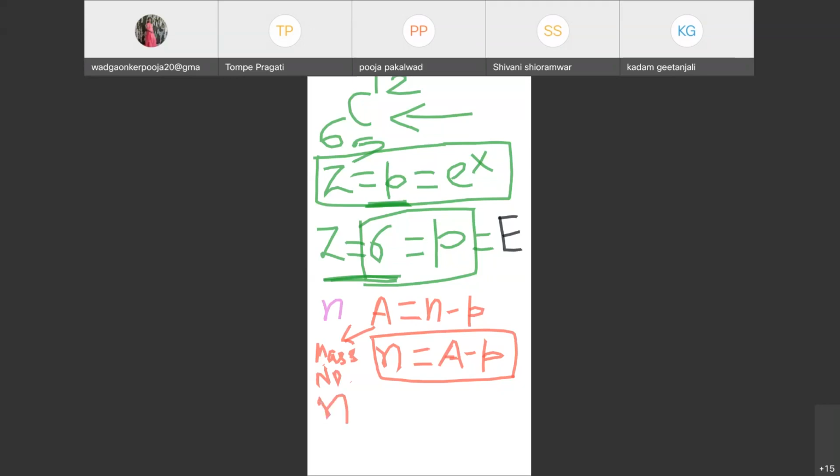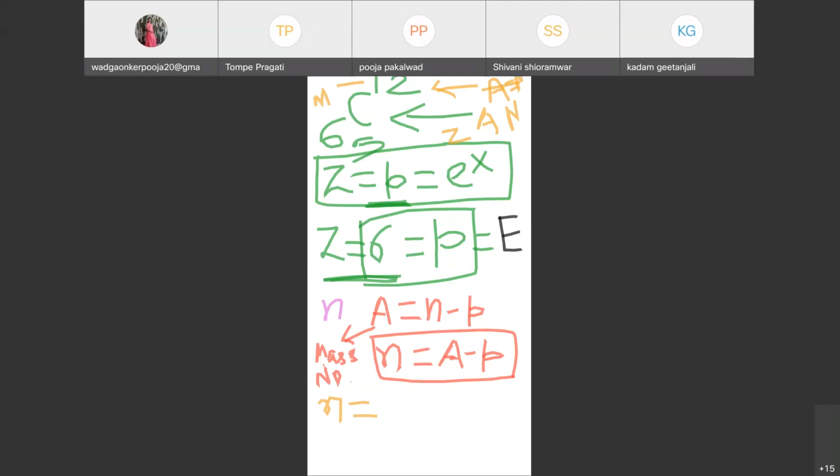So the N value is equal to A minus Z. Now tell me, what is A here? Mass number is written in your atom like this, and this is the atomic number Z, and this is A, the mass number.